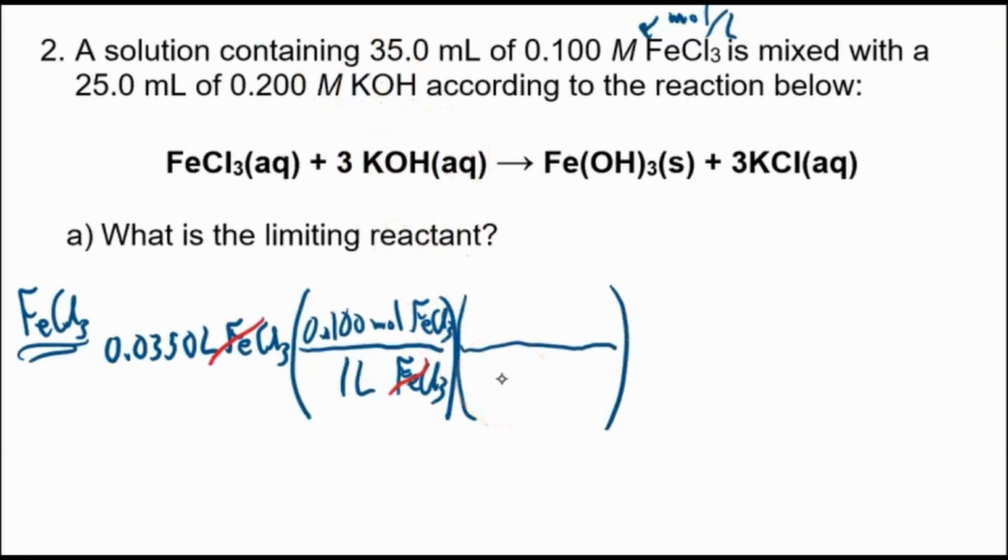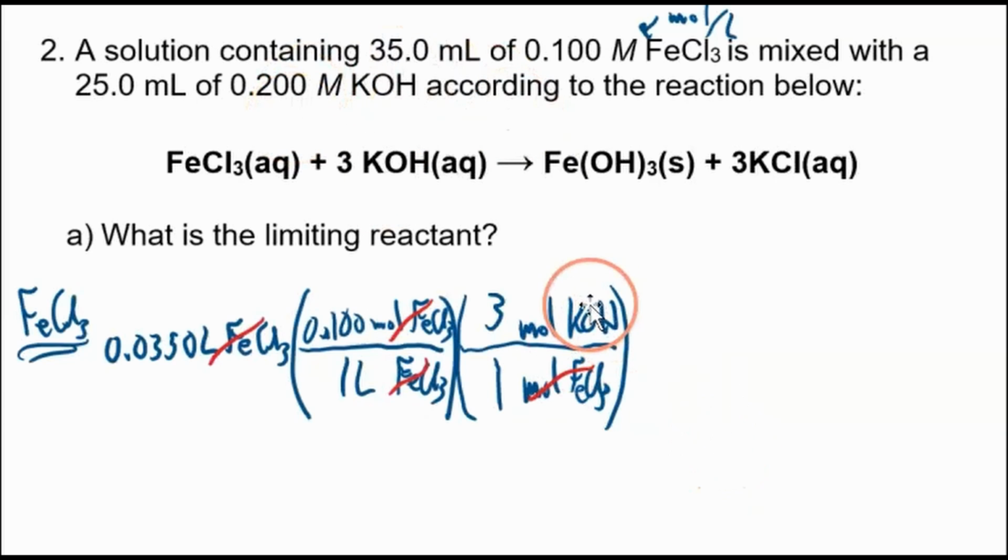Now that we're in moles of FeCl3, we can use the mole bridge to get to moles of KOH. So we'll put in this here. Now we want moles of KOH. We want to cancel out moles of FeCl3 based on our balanced equation. For every 3 moles of KOH that react, we need 1 mole of FeCl3. Now for our units, this cancels with this one right here. Our units are in moles of KOH.